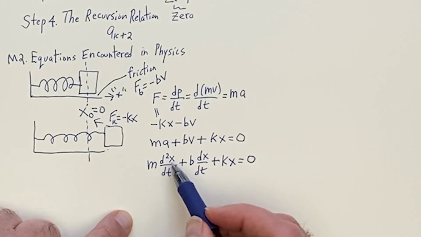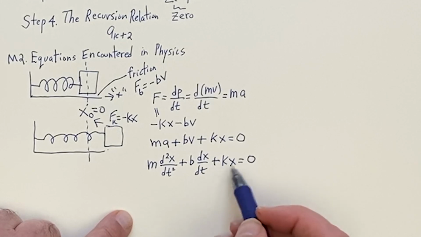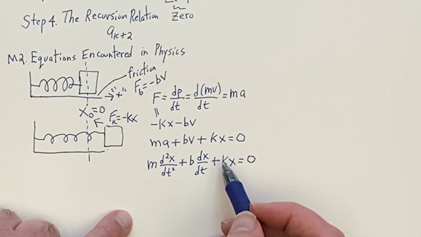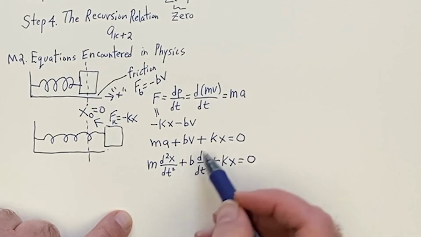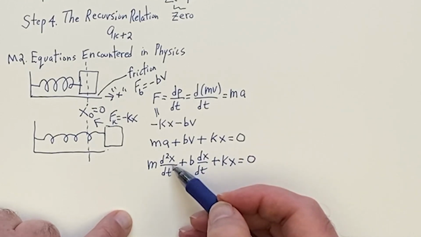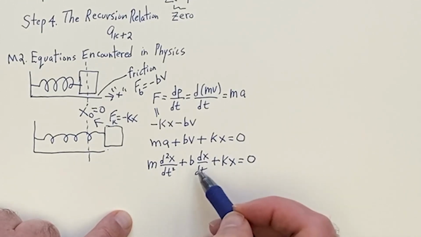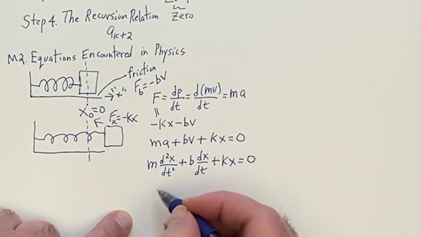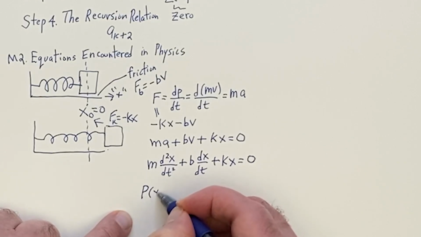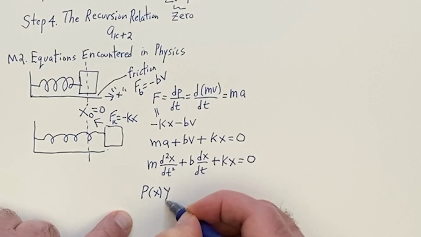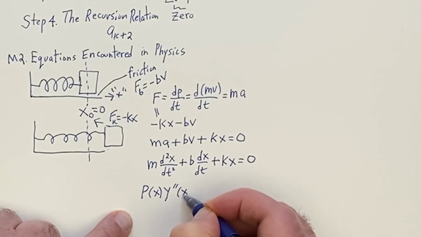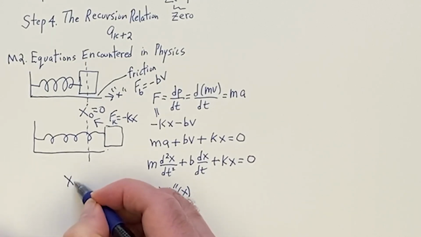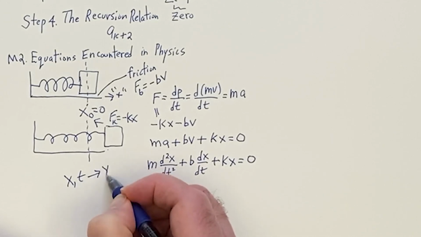So second derivative, a first derivative, and a term with just x. So in classical mechanics, this is often what you're going to get, because you're going to have F equals ma, that's going to be your second derivative, and then you have the possibility of a first derivative term, and then here a term with x. So you might say this could be a general, say some p of x here, and here I'm going to write the equation in the math style, where instead of having x and t, in math class we use y and x.